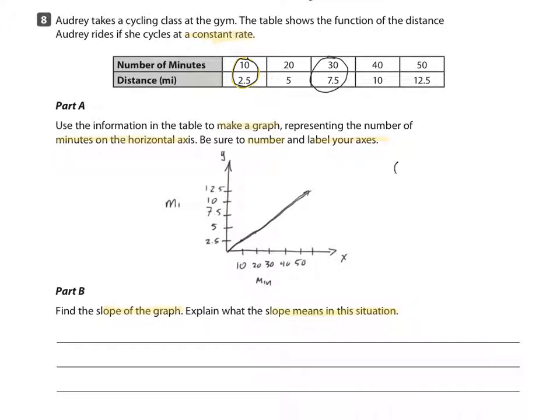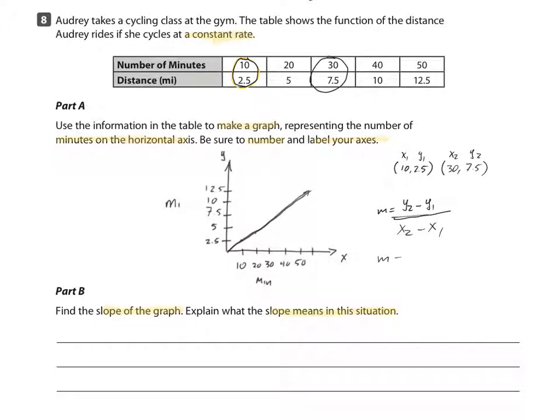Now, let's write in our coordinates. So we have 10, 2.5, and we're going to have 30, 7.5. Now let's label it x1, y1, x2, y2, and we're going to put it in slope form. So we have y2 minus y1 divided by x2 minus x1.